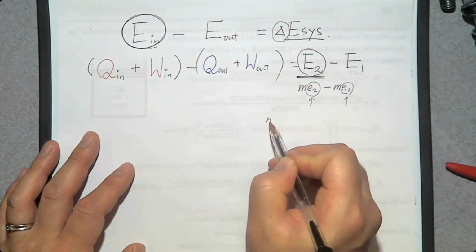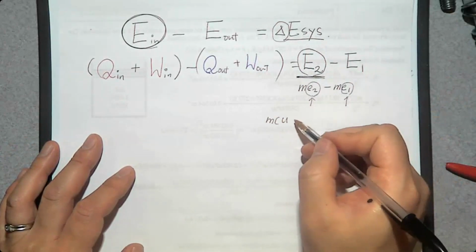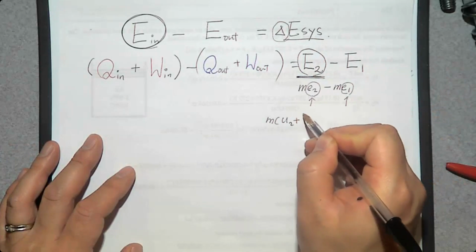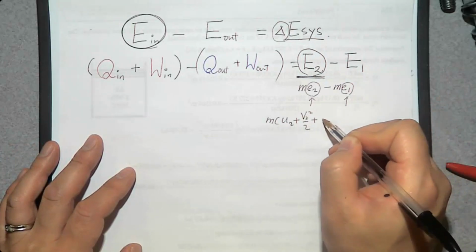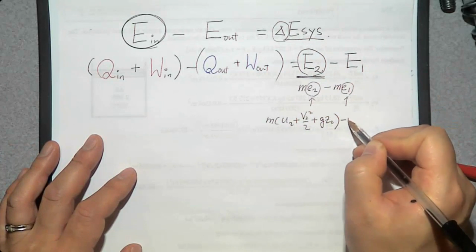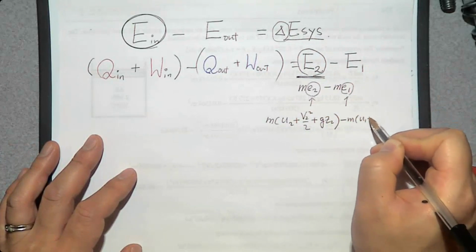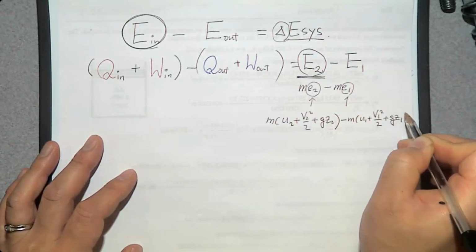Do you remember how to determine this E2 and E1? Yes, it's going to be mass times lowercase u, that is the specific internal energy, plus specific kinetic energy, v2 squared over 2, plus specific potential energy, gravity times elevation z2, minus mass times u1 plus v1 squared over 2 plus gravity times elevation z1.